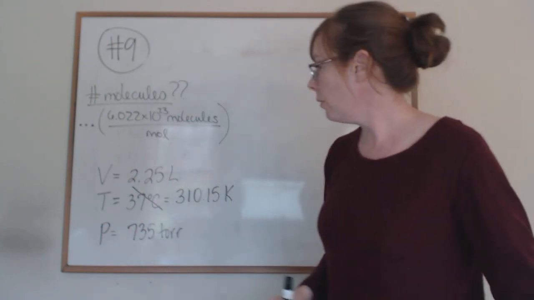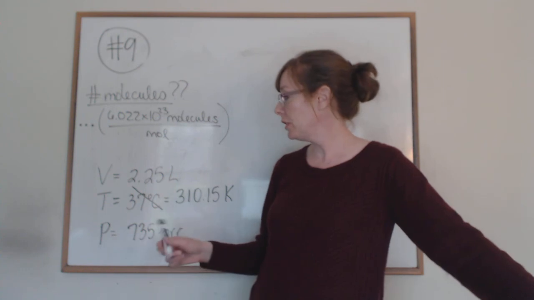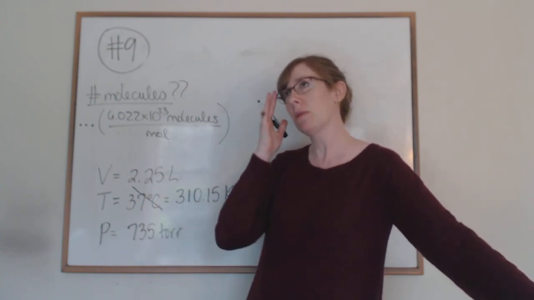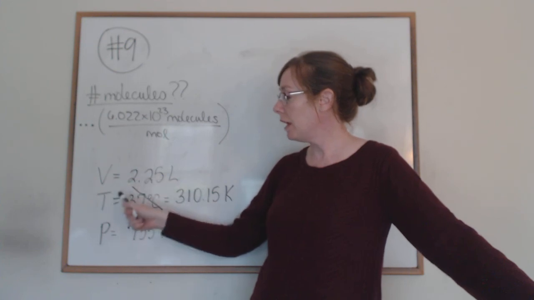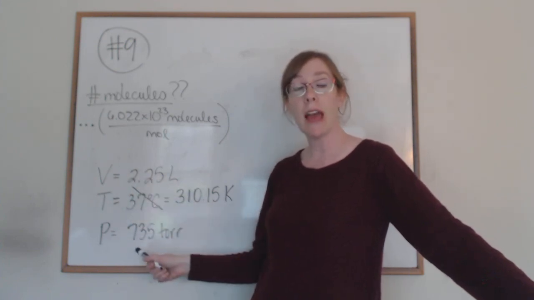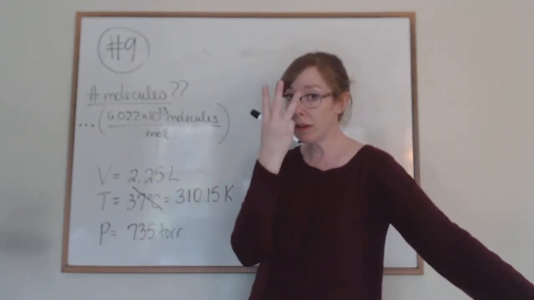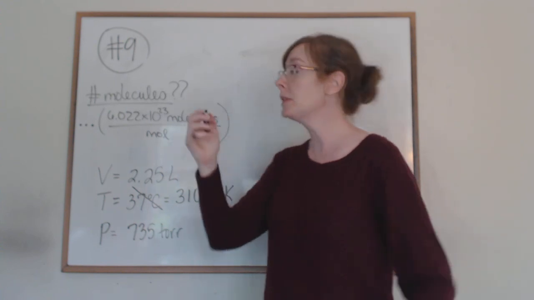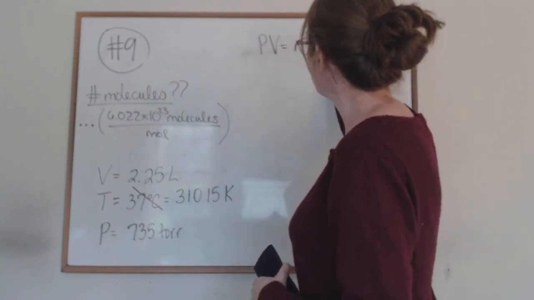Okay, so remember in the gas video that I made, I think it was part 2, that I covered this. Anytime you are given 3 of the properties of a gas, you can always figure out the 4th. So V, T, and P are 3 of them. The 4th is N, number of moles. The way to figure out the 4th is to use the ideal gas law.